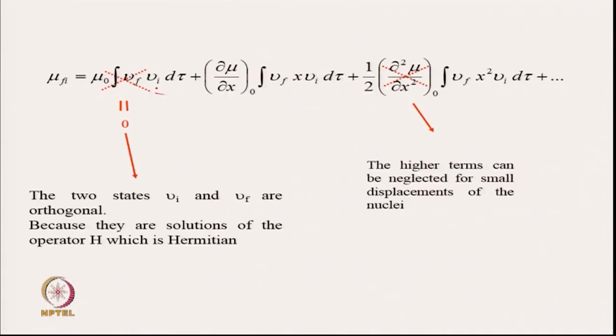So, that is what we are getting: mu naught integral of Vf Vi d tau plus del mu by del x at 0 integral of Vf x Vi d tau. This is the second term, and the third term we are going to neglect. If we assume there is a small displacement from the equilibrium position, then we can neglect the higher terms.